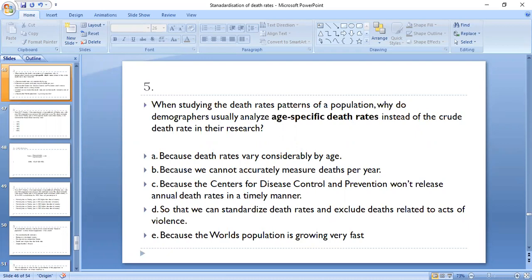B, because deaths vary considerably by age. As we have seen, death rates vary from 0 to 5, 5 to 10, and so on. In older ages the death rate is much higher than in young ages. So we consider age-specific death rates because deaths vary considerably by age.